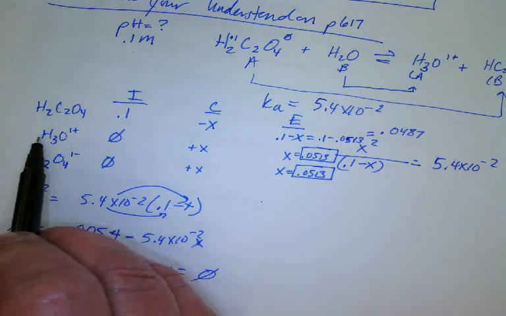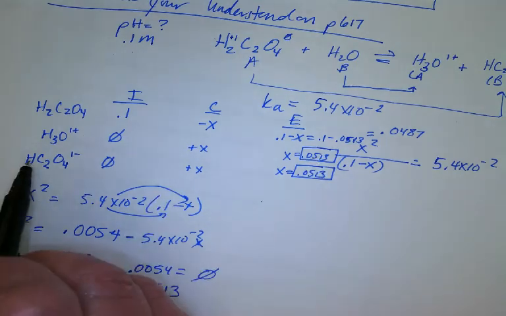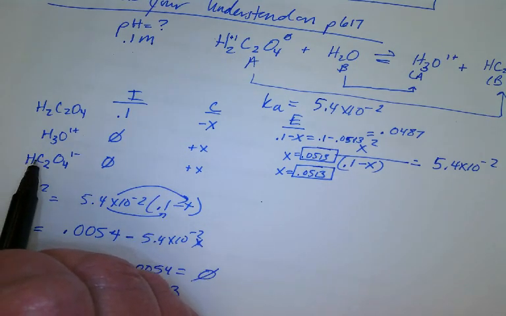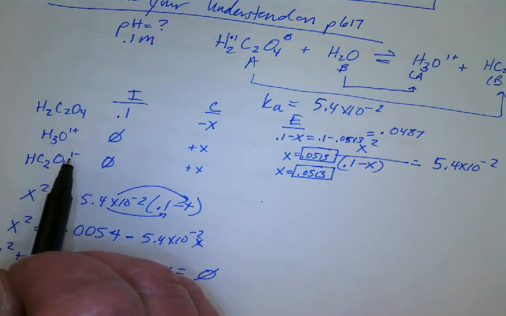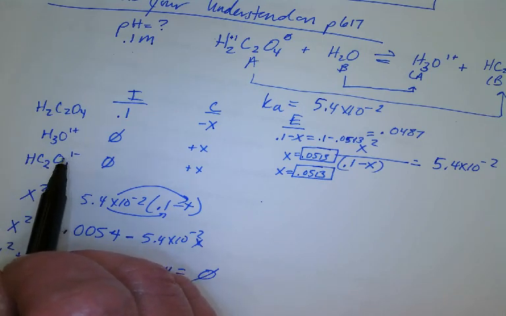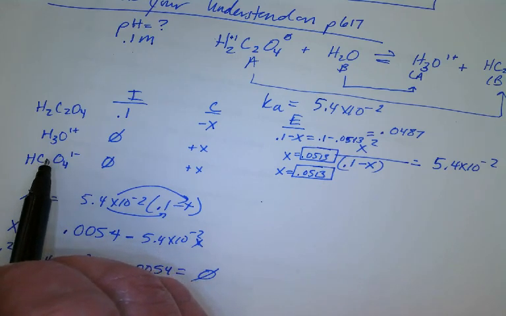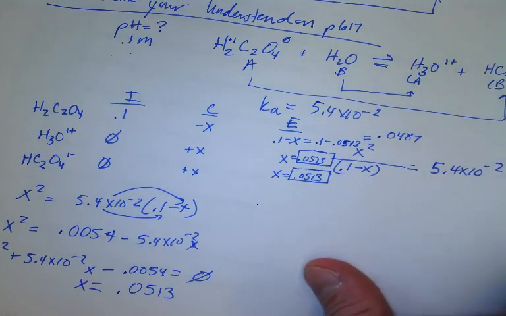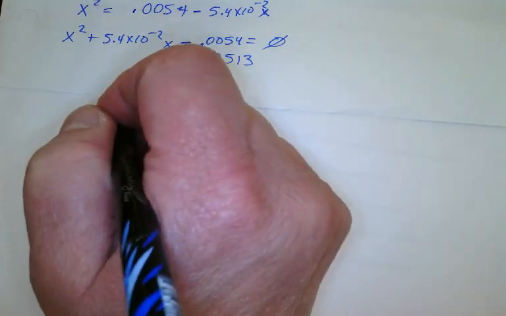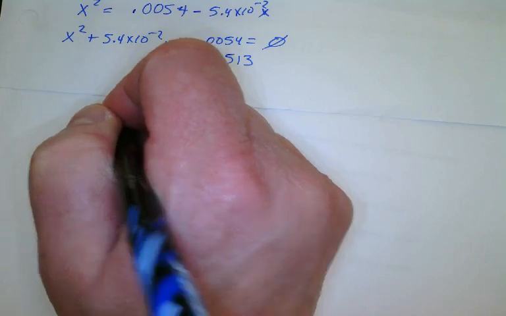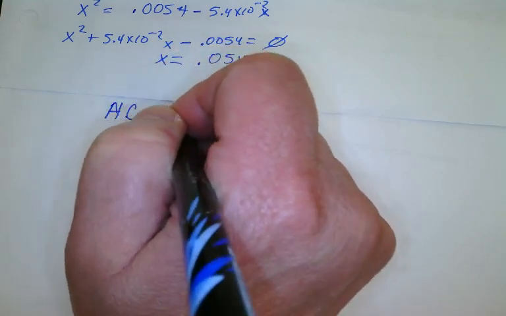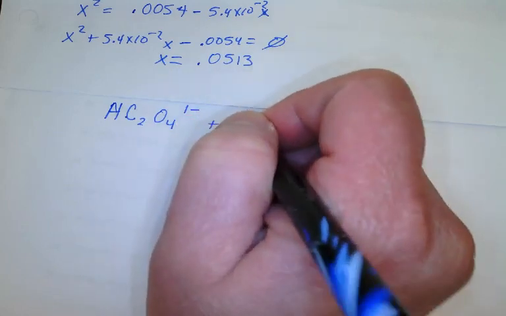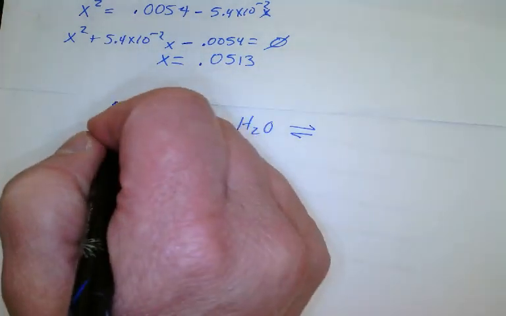So here's our concentration of hydronium. I can use that to find my pH. Here's my concentration of HC2O4-, but we also need C2O4 2-. Do you see how we need that in the problem? Now this is going to react with the water.